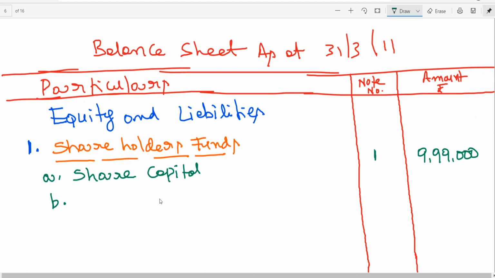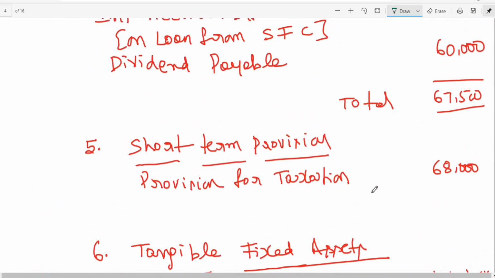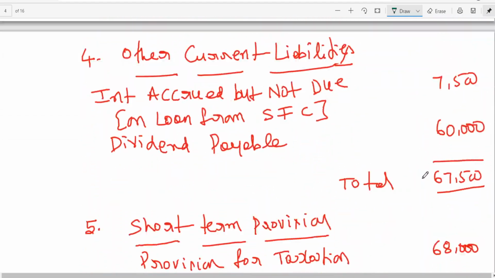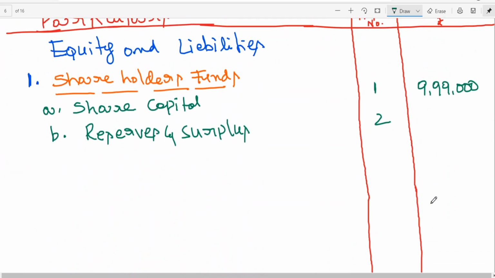B, reserves and surplus. Note number 2, we have done reserves and surplus. How much can you see? 2,96,700.